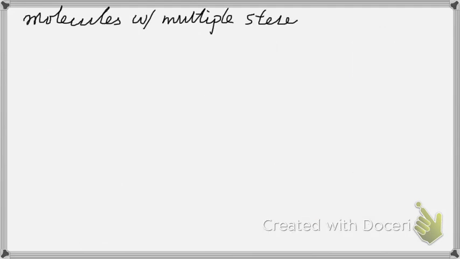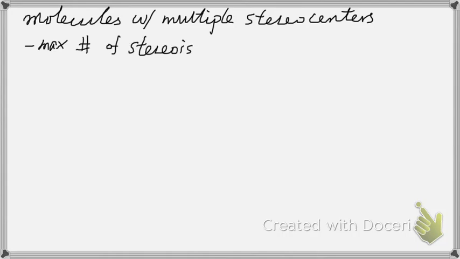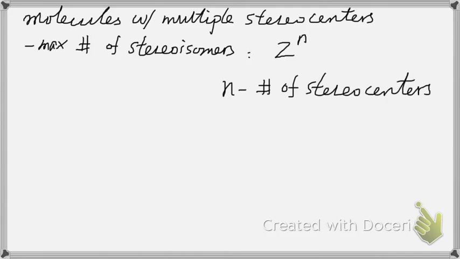Lastly, we will take a look at molecules with multiple stereocenters. More than 2 stereocenters. The maximum number of the stereoisomers for a particular constitution is 2 to the power of n. N here is the number of stereocenters.